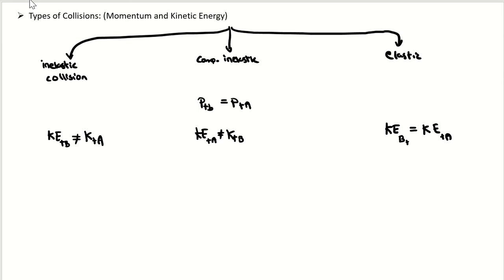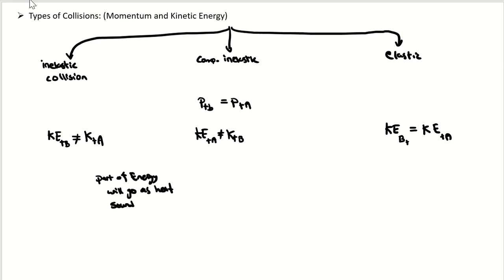So why is this? The reason for the kinetic energy not being conserved is because it's an inelastic collision, which means that part of the kinetic energy will go as heat or as sound.